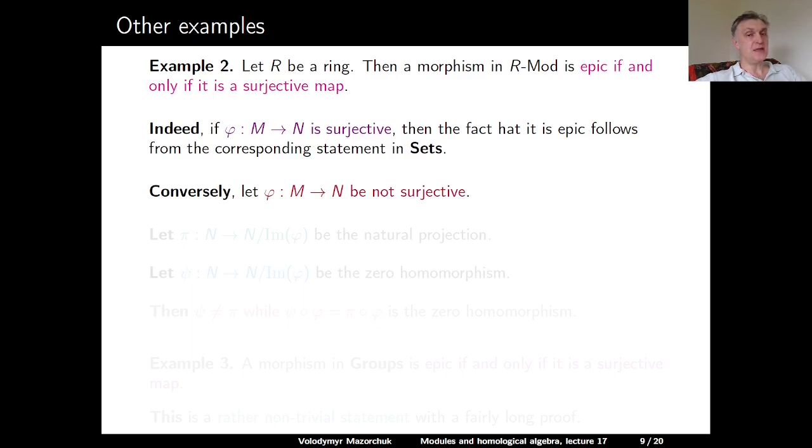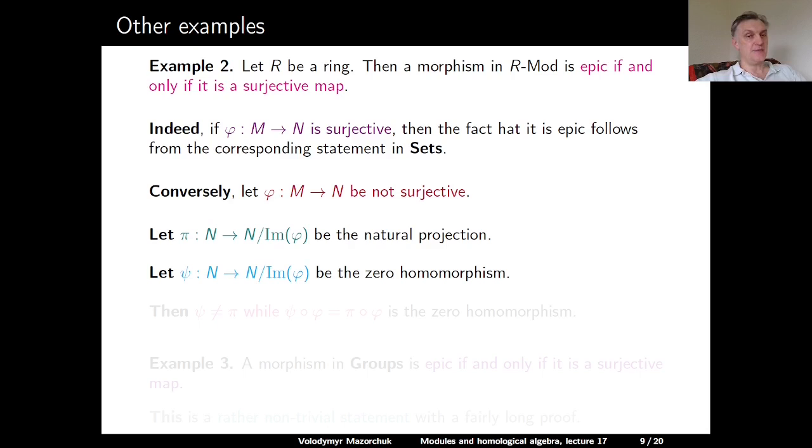Conversely, let phi be a non-surjective homomorphism from a module M to a module N. Let pi be the natural projection from N to its quotient modulo the image of phi, and let psi be the zero map from N to its quotient modulo the image of phi.